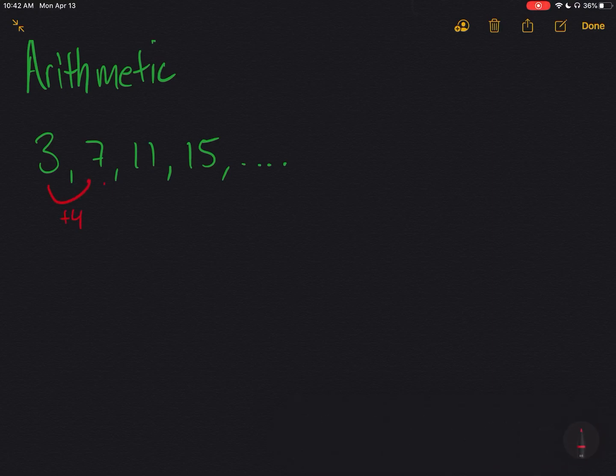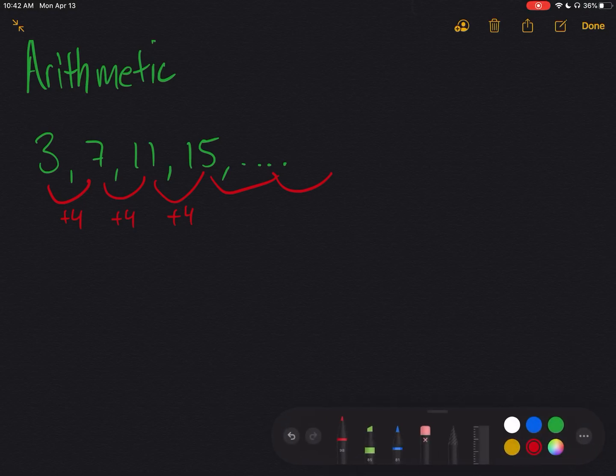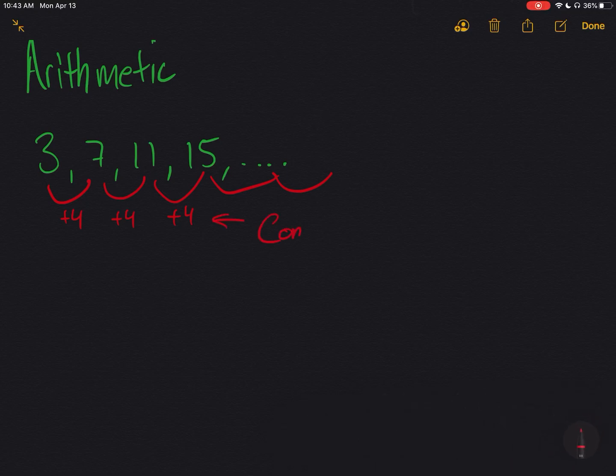From 7 to 11, we add 4. 11 to 15, add 4, and that same pattern is going to continue on, right? So that 4 that we're adding each time, that's what we call the common difference. Or we just call it D. Okay, so D is equal to 4.